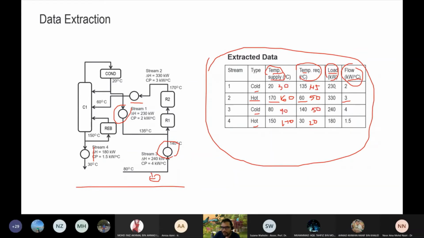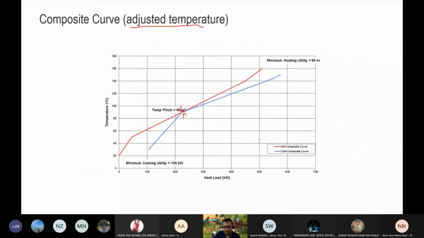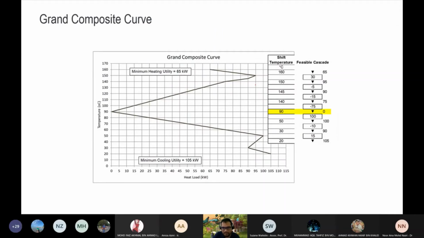Change the temperature, the rest is the same. Then we get this curve, and the curves touch. This is the beginning of that pinch name. So they pinch at this point, which is 90 degrees C, and from this adjusted temperature, we can then make the grand composite curve.